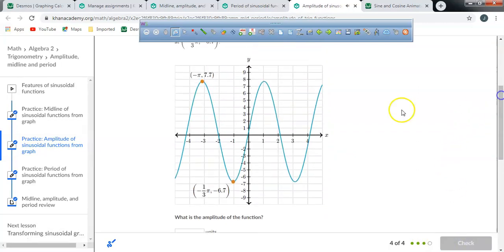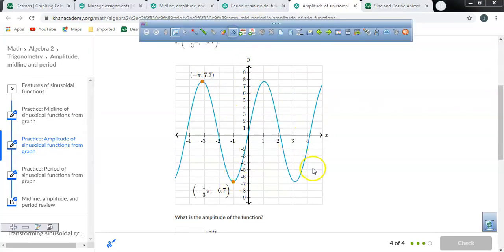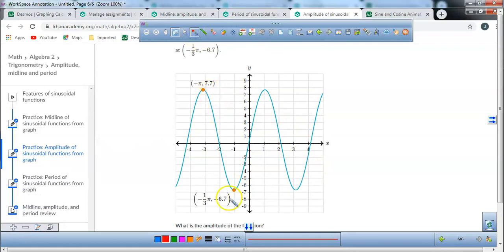Let's do one more. Okay, so here we go. We got the highest point and we got the lowest point. The amplitude is the distance between the highest and the lowest divided by 2.